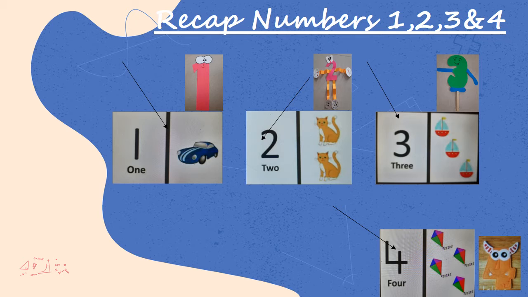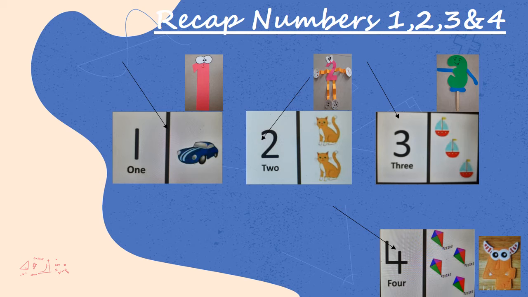Mr. 3 with number 3 and 3 ships. Next is Mr. 4 and number 4 with 4 kites. Very good, children.